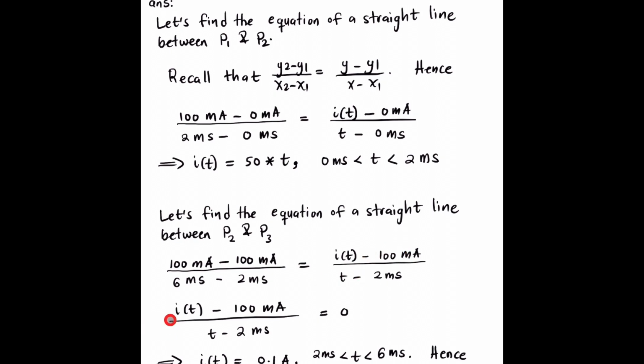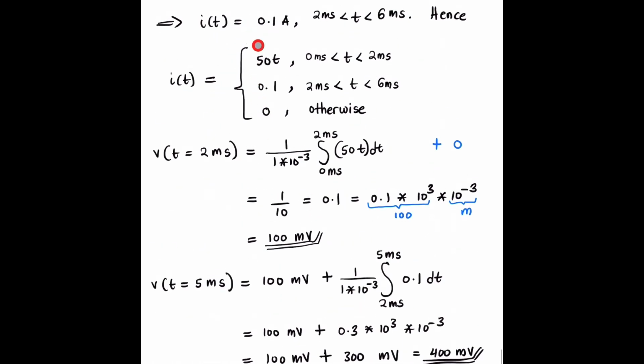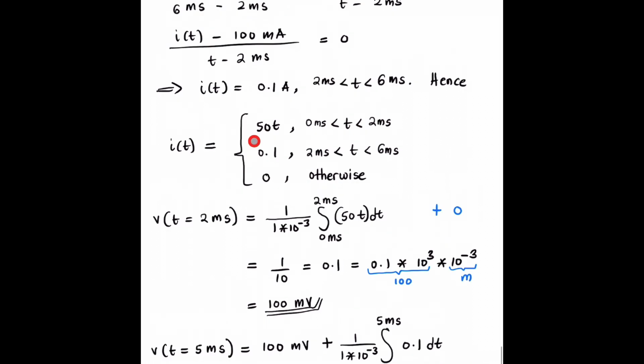Then we bring this one here, and solve for I of t, and I of t is 0.1 amps, t going from 2 milliseconds to 6 milliseconds. Hence, I of t is equal to 50t when t is between 0 and 2, and this is 0.1 when t is between 2 and 6, and is 0 otherwise.